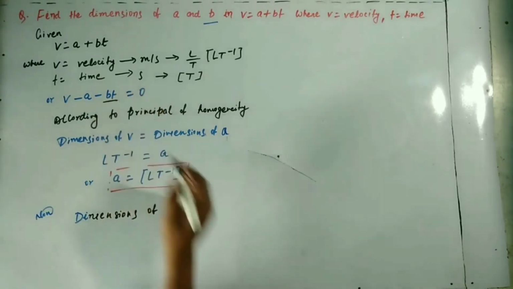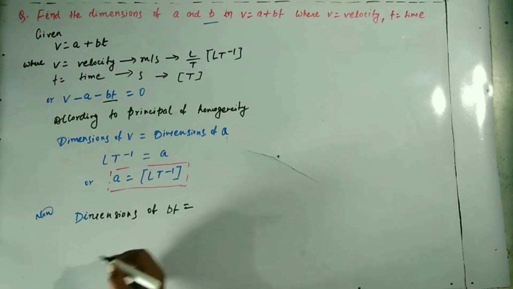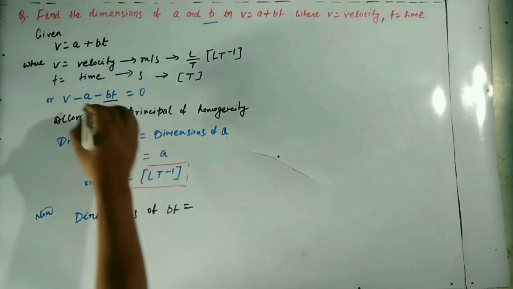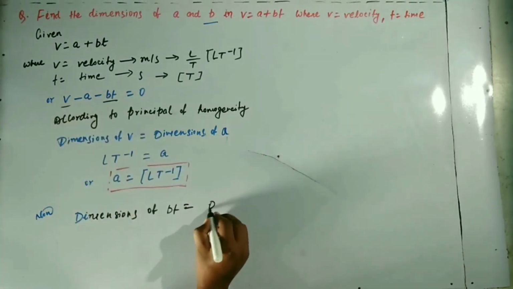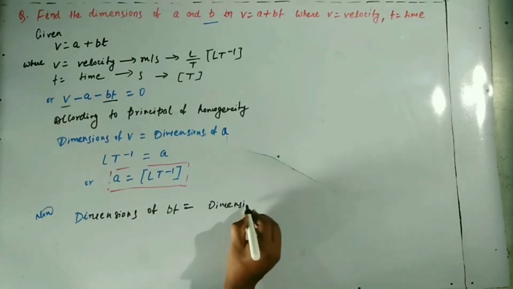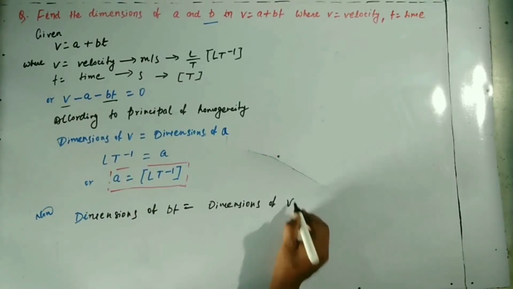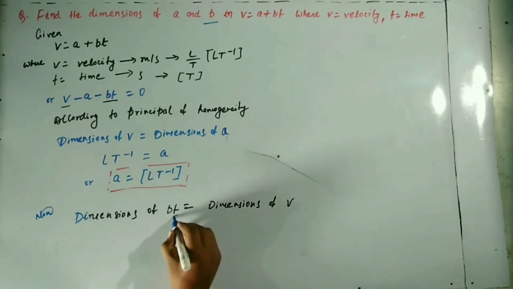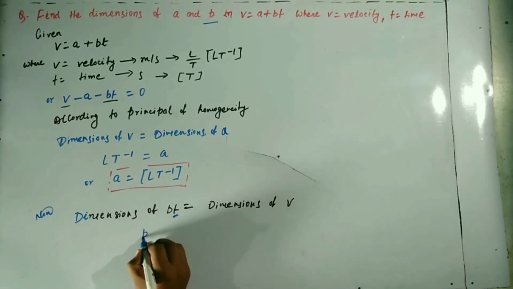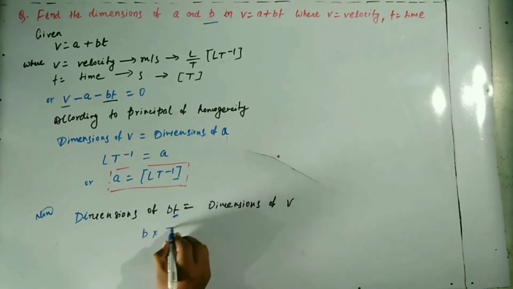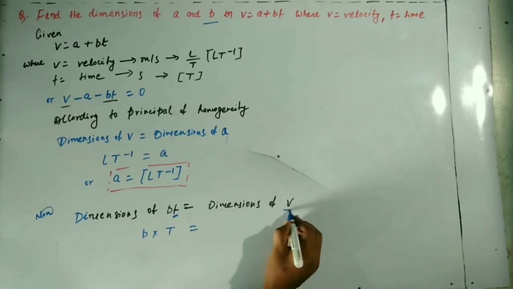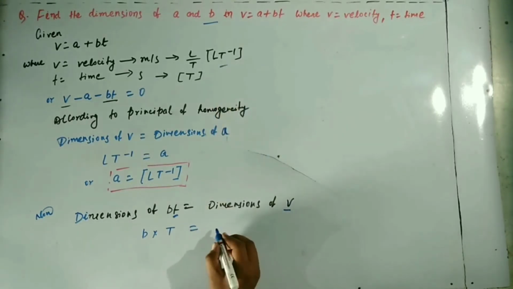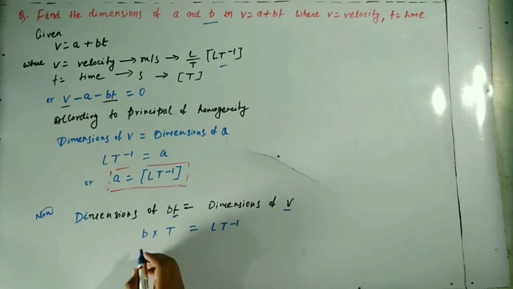So the dimensions of Bt equals the dimensions of V. Here t equals time, so its dimensional formula is T. So B into T equals the dimensions of V, LT power minus 1, which is the velocity dimension formula.